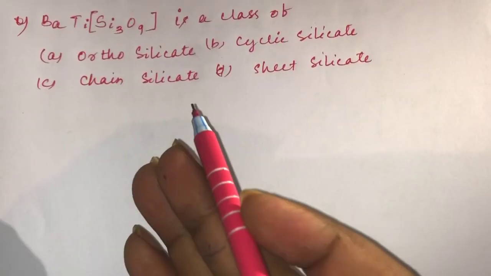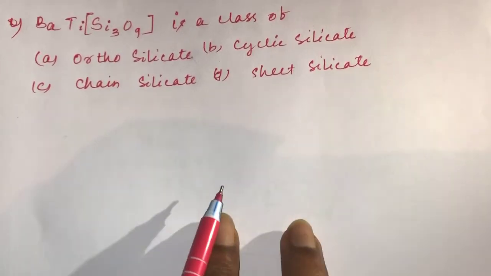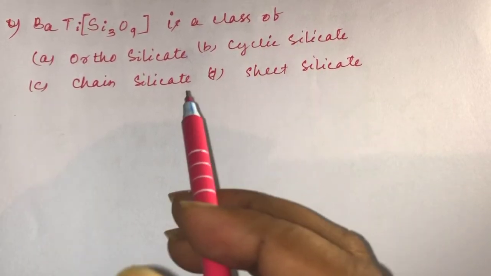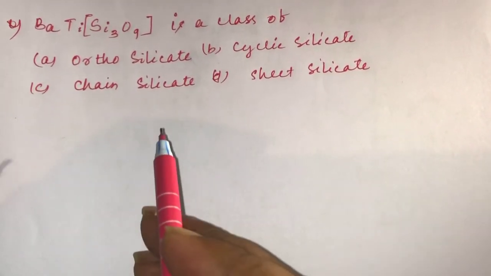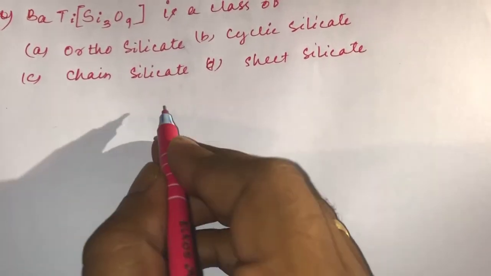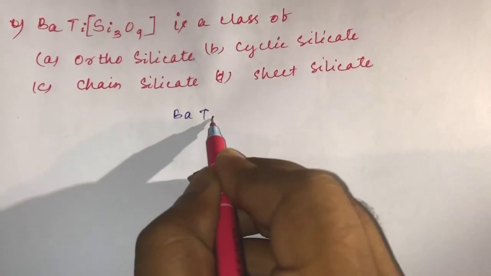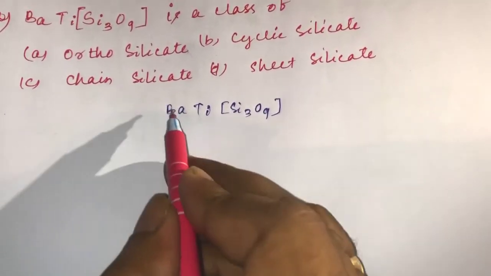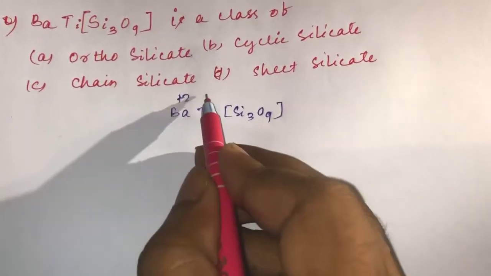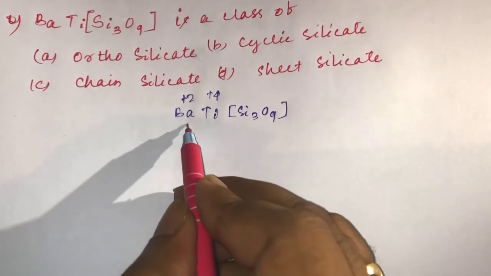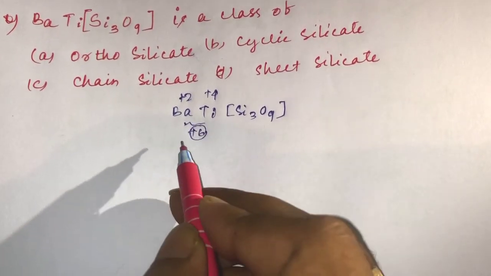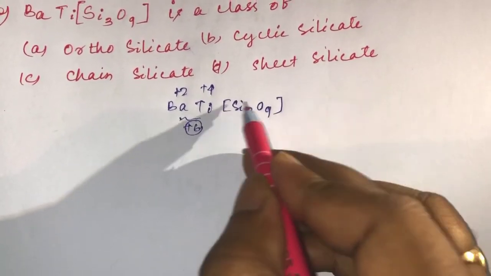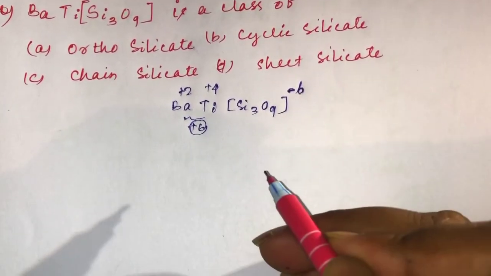Okay, so I am taking here some questions from your previous year entrance paper. The question says that this complex is a class of which silicates. To solve this type of problem, first write the formula and first calculate the charge. Here the charge of barium atom is +2 and titanium is +4, so this will be plus 6, and this is neutral, so the charge on the silicate unit will be minus 6.